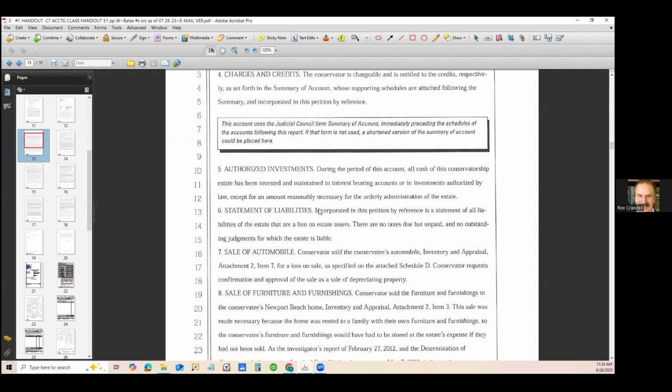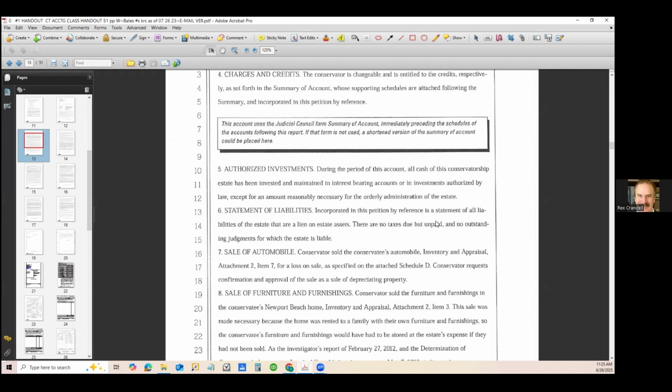Statement of liabilities. If there are any liabilities, it is not common that this is kept, especially for probates. It depends if you're carrying a house. Sometimes I don't know, and sometimes the other person doesn't know the total amount of the loan that's outstanding or things like that.